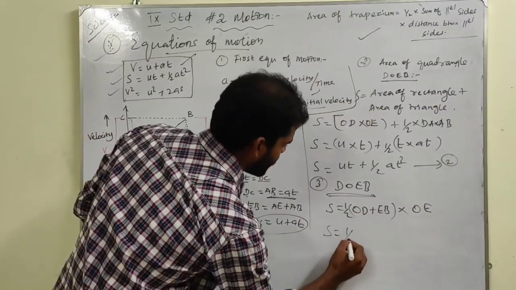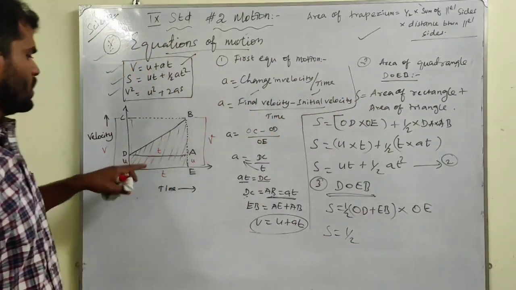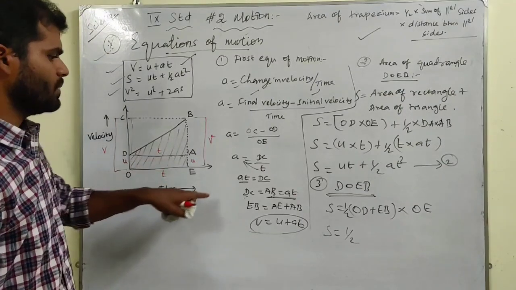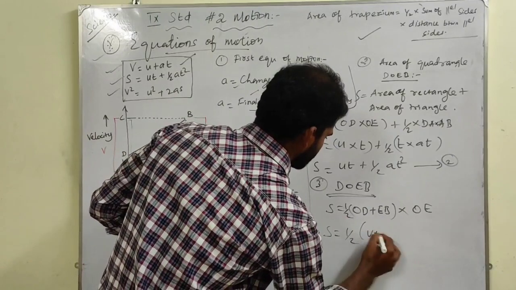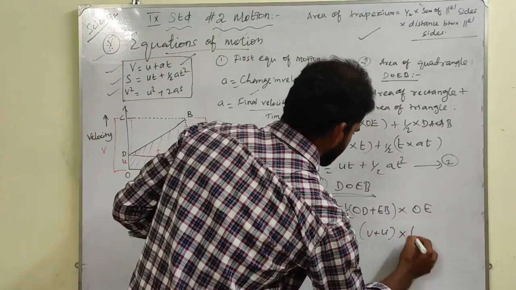So S is equal to half into OD plus EB, that is V, plus U, into OE, that is T.